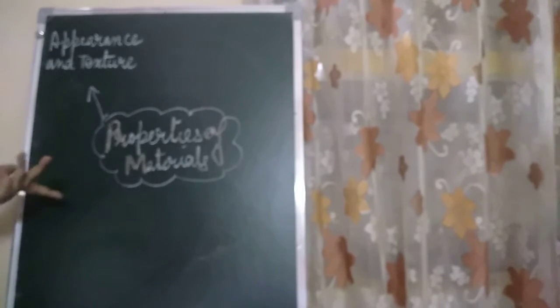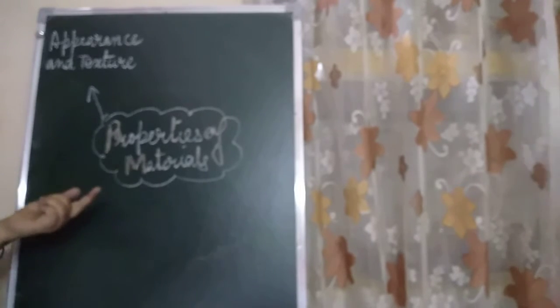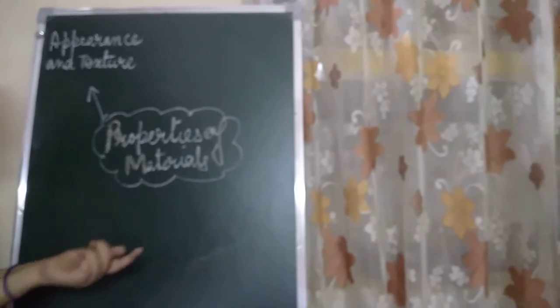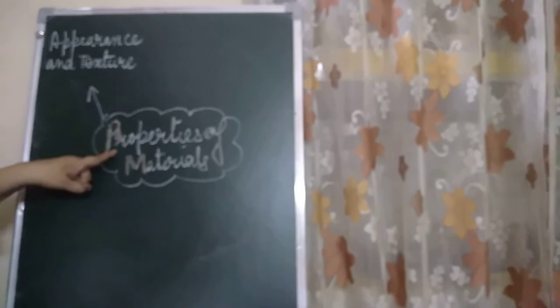Paper looks different from cloth, children. Okay. Wood looks different from iron. You all know when you touch the wood and the iron, what do you feel? That the two are different. And paper looks different from cloth. That comes under appearance, children. So materials can be classified according to appearance.